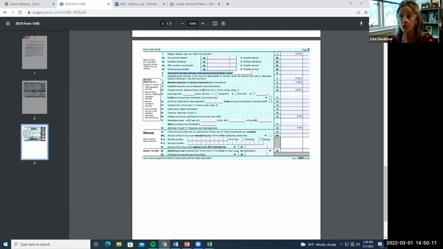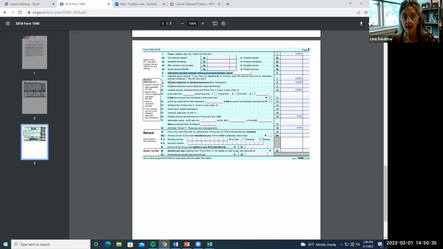She had some student loan interest and you had to fill out a Schedule 1 to record that. And that number came through on this little line right here. And it was a deduction that reduced her AGI. We don't have that on this one, but you could.